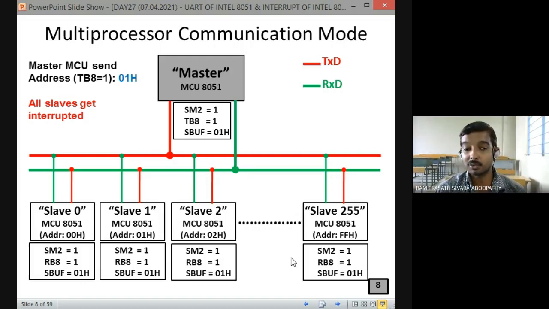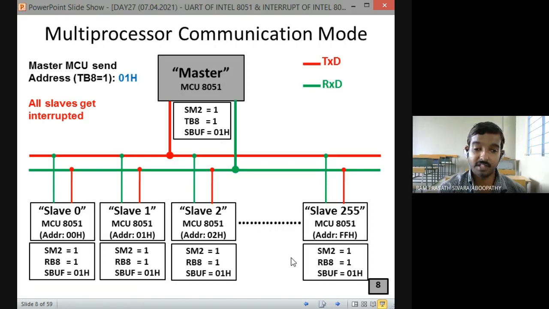So what do all microcontrollers have to check now? The received thing is an address. Correct? Now interrupt has come to everyone. What did they receive now? Address. Correct? Which slave address is getting mapped? Which slave will get selected?